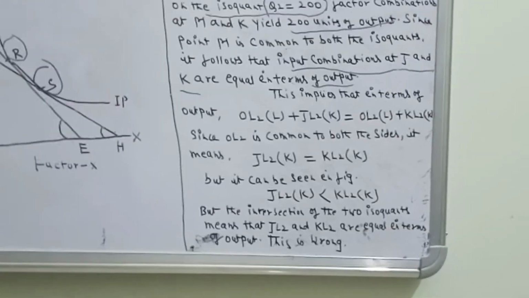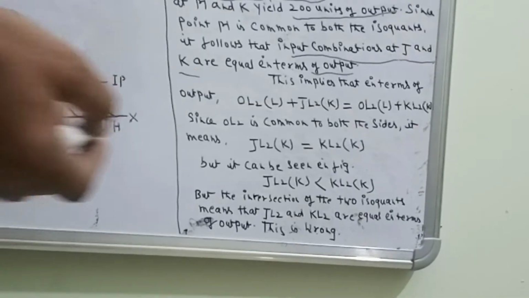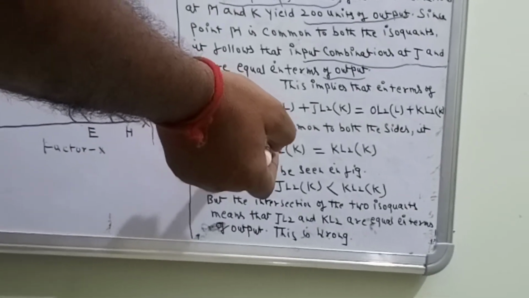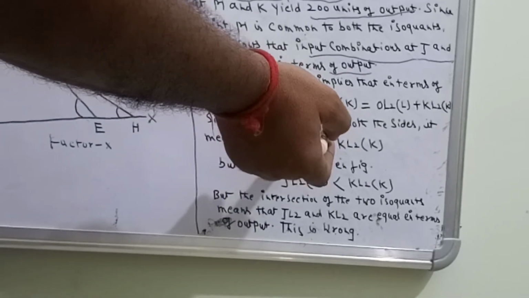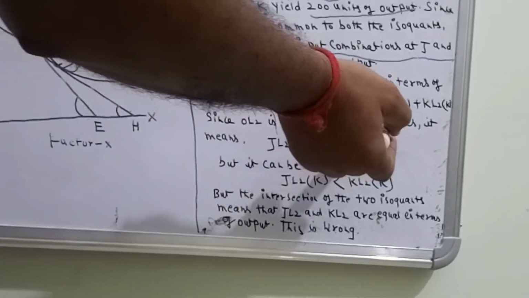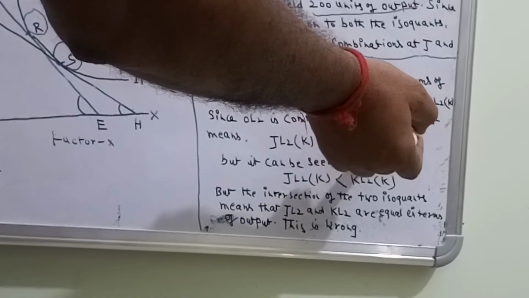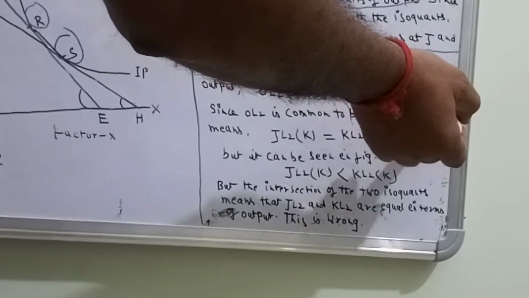This implies that in terms of output, OL2, that is labor, plus JL2, that is capital, equals OL2 labor plus KL2 capital.